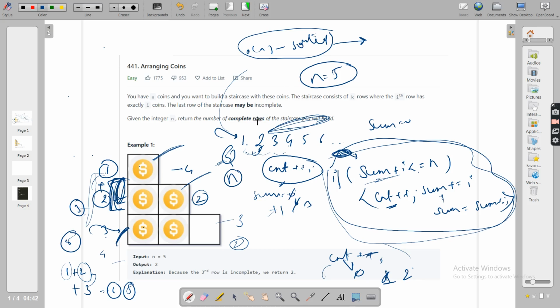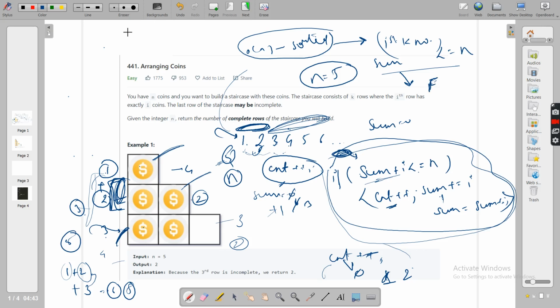The sum of the first k numbers is lesser than or equal to n. Here your answer lies, and you can call it the favorable zone.